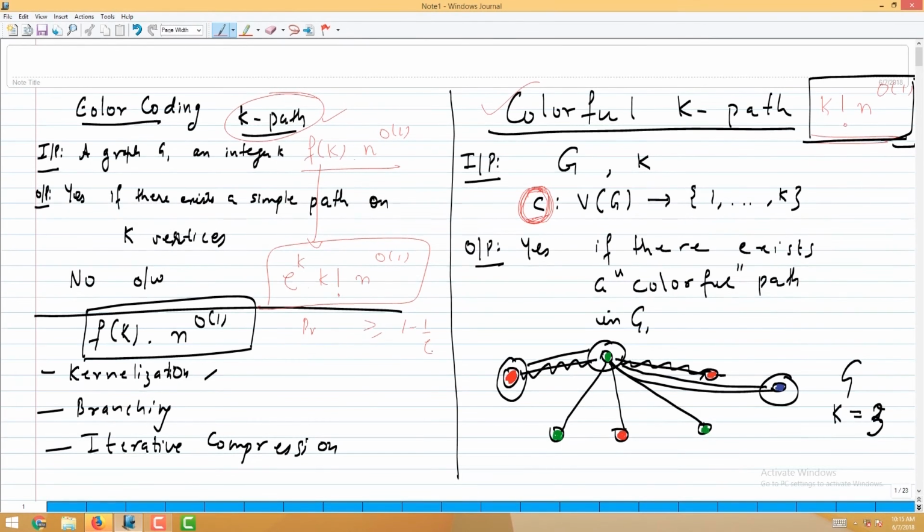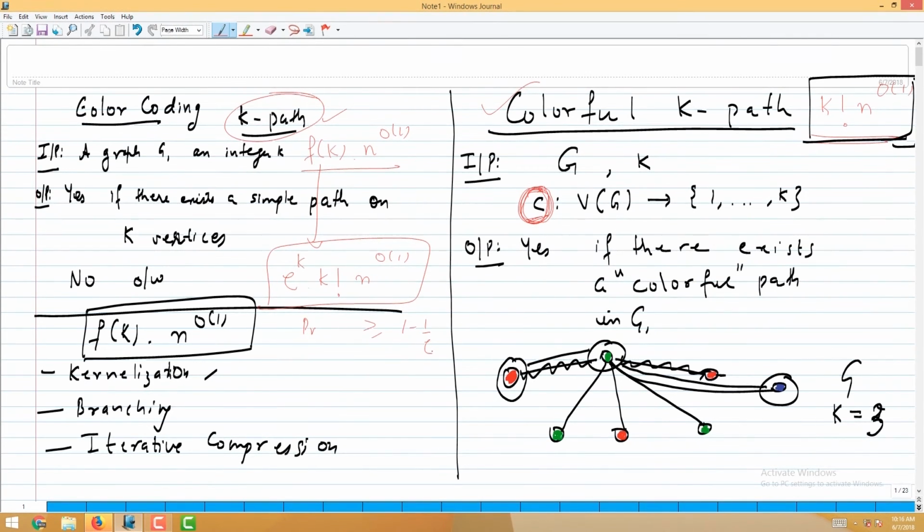So you can definitely not use color coding for clique. It's not true that the colorful version of the problem is always easier, but for many problems it turns out that it is easier. For example, you can try to get an algorithm for colorful k-cycle also. That's an easy thing. This is what I wanted to say about the color coding technique.